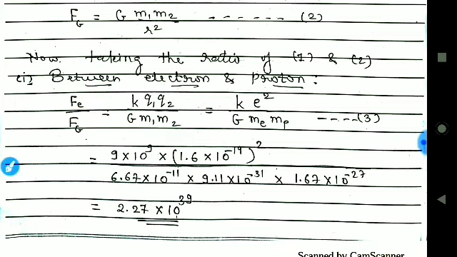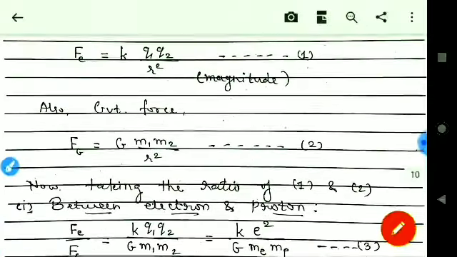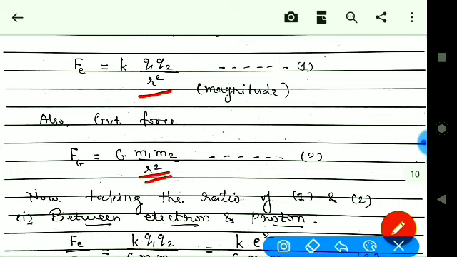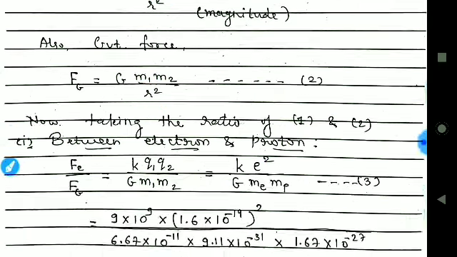Here common thing in both these equations is R square. So when we take the ratio of these two forces, this R square will cancel out and the remaining will be this.